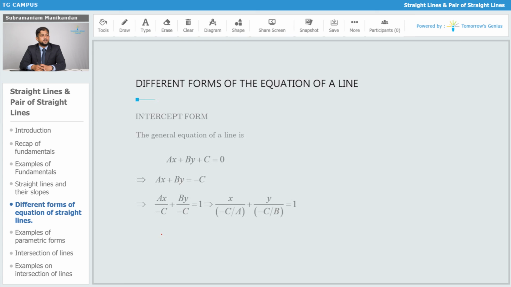That is x upon minus c by a plus y upon minus c by b is equal to 1. So this factor below the x is the x-intercept, and this factor below the y is the y-intercept. And thus we get the x-intercept of the equation ax plus by plus c is equal to 0 as minus c upon a, and the y-intercept as minus c upon b.